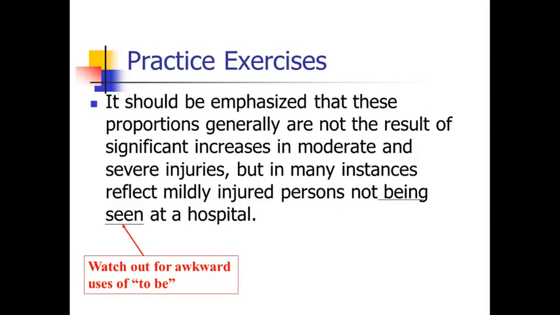They're trying to say that there's been a shift in proportions of injuries, that is, that there seem to be more moderate and severe injuries, at least the data seem to show that, compared with mild injuries. But what they're telling you is that that shift in proportions doesn't reflect a real increase in moderate and severe injuries, but is something to do with how many people actually show up at the hospital. The mildly injured persons maybe aren't insured, and so they're not coming to the hospital anymore. So that's the gist of that sentence.